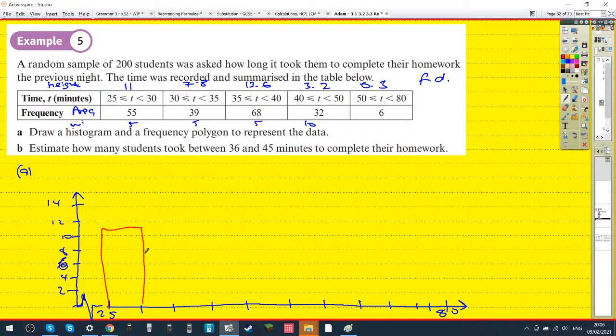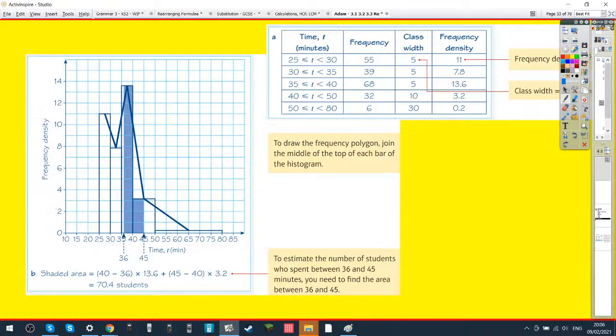So this one, that's 7.8. The very last one is 50 to 80, and that goes up only 0.3. So this is just a little sketch I've done. You'd need to do a proper thing on axes.